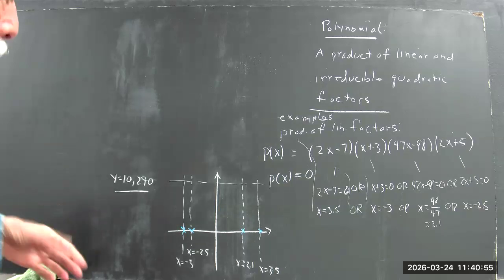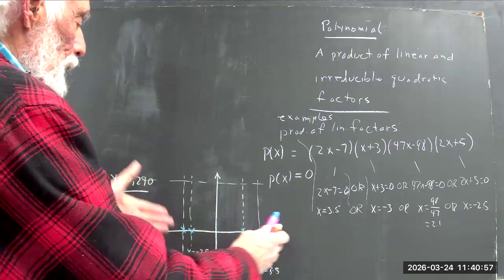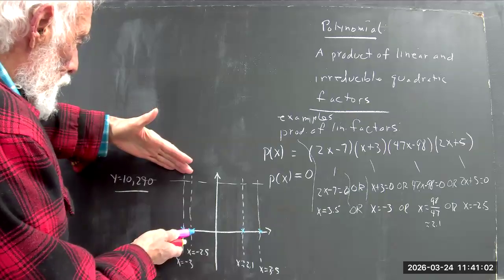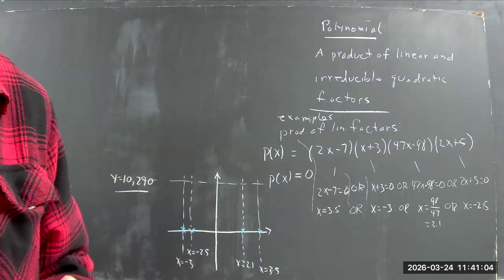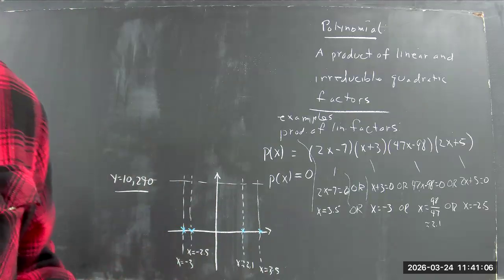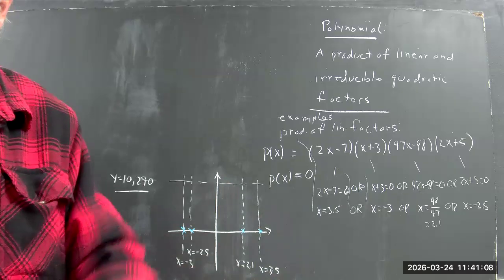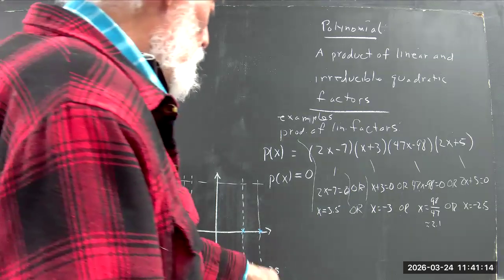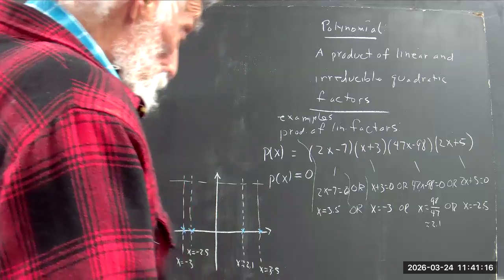So your scales aren't equal. You know, here's the total span of about between 6 and 7. And right here is 10,290 in the vertical direction. But that's what polynomials are. They get out of hand. Their y values tend to get out of hand. Doesn't mean you can't deal with them.